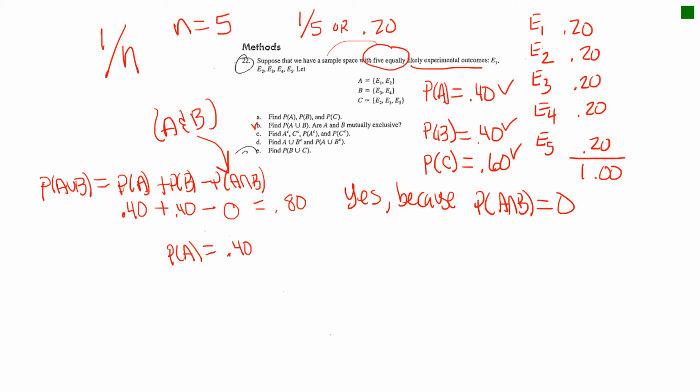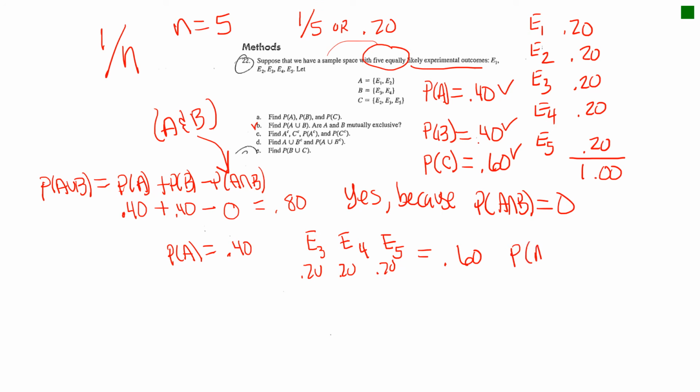The complement would basically be all of the other outcomes in your experiment that are not in event A. So if I list the outcomes, it would be E3, E4, and E5, because these three experimental outcomes are not located in event A. And each of these has a 0.20 probability. So if I wanted to find the probability of the complement, it'd be 0.60.